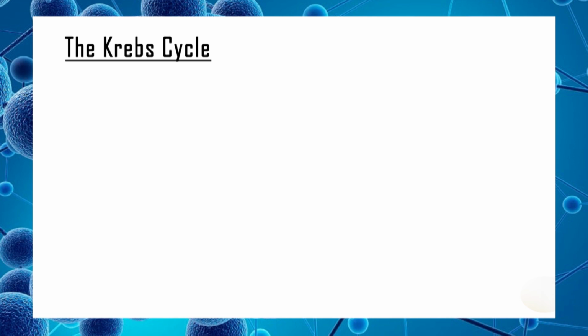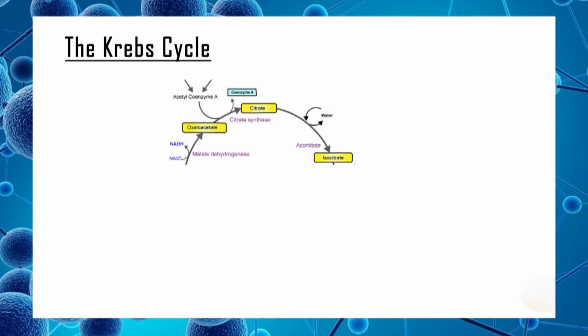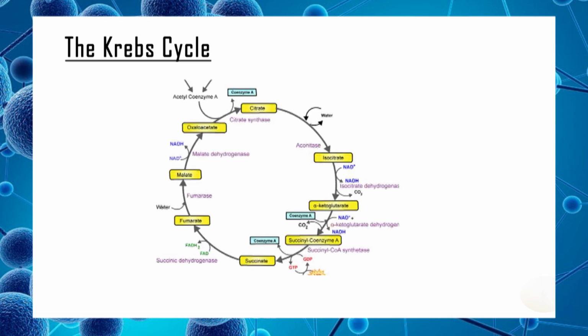Here you can see in this pictorial representation the whole citric acid cycle, or Krebs cycle. In this cycle, pyruvic acid enters from glycolysis, one carbon is removed and carbon dioxide forms. NAD is again changed to NADH.